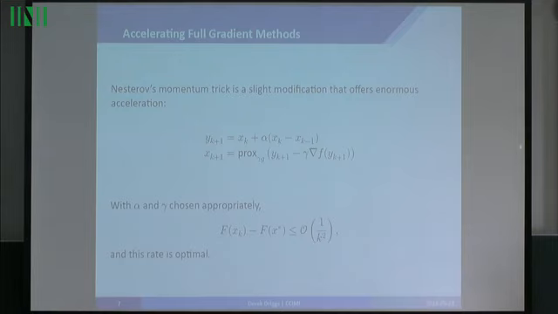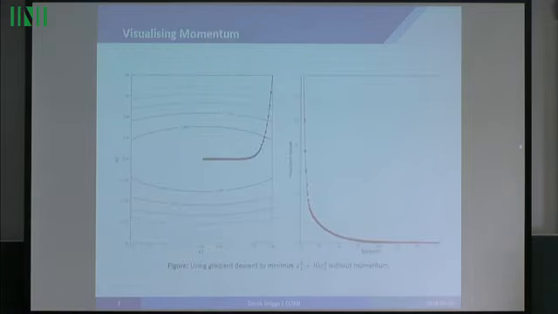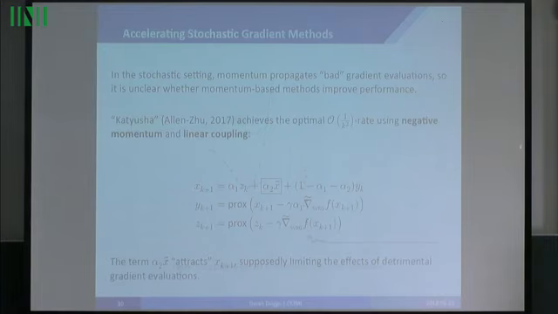For proximal gradient descent, we can use Nesterov's momentum trick to accelerate its performance and achieve a 1 over k squared convergence rate. And this is actually a significant improvement. This momentum method is like the fast Fourier transform of our field. So it would be great to extend this to the stochastic case.